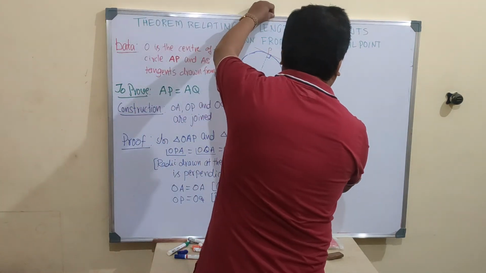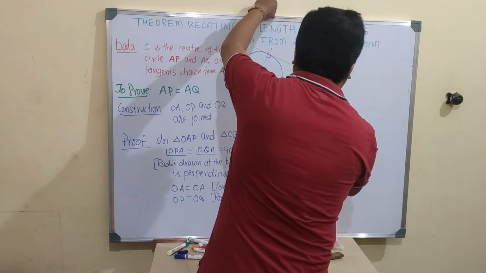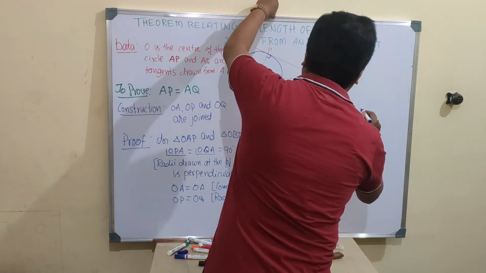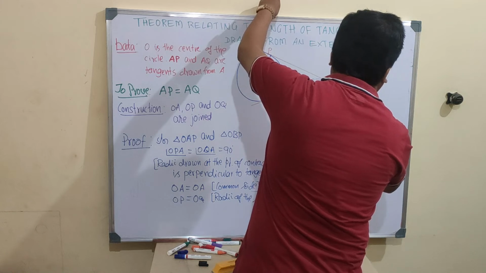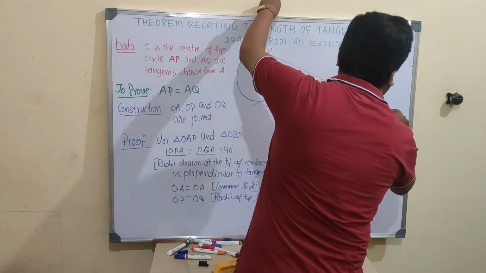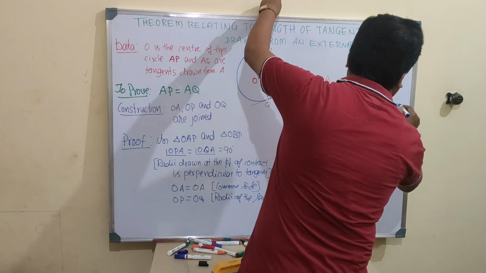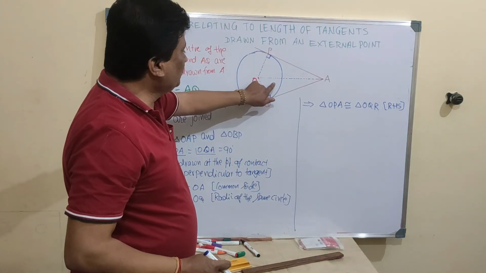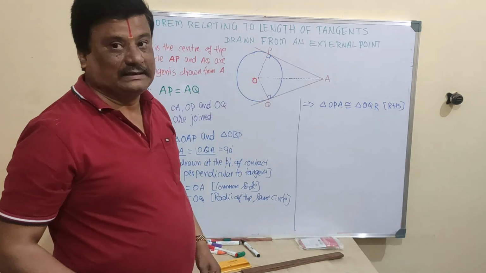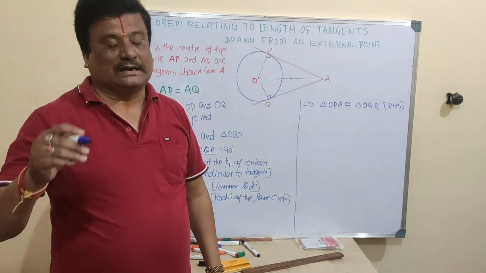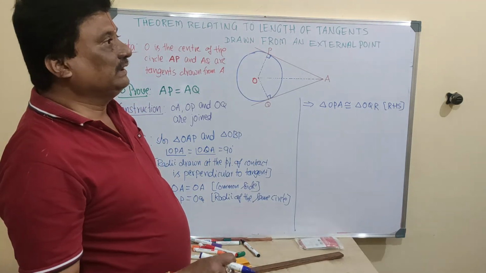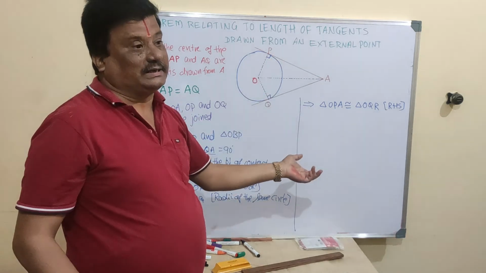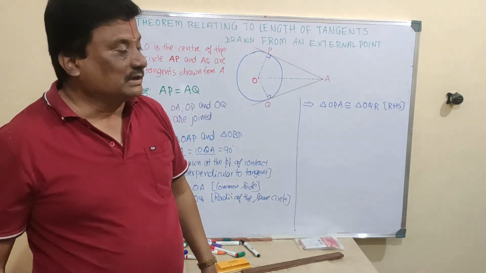Therefore, triangle OPA is congruent to triangle OQA because of RHS. RHS means right angle, hypotenuse and side of one triangle. If they are equal to the right angle, hypotenuse and side of another triangle, then those two triangles are congruent.